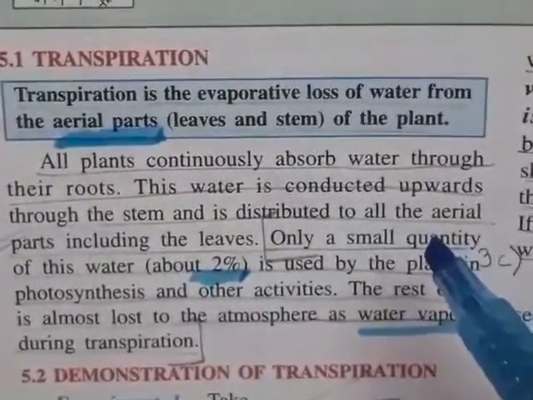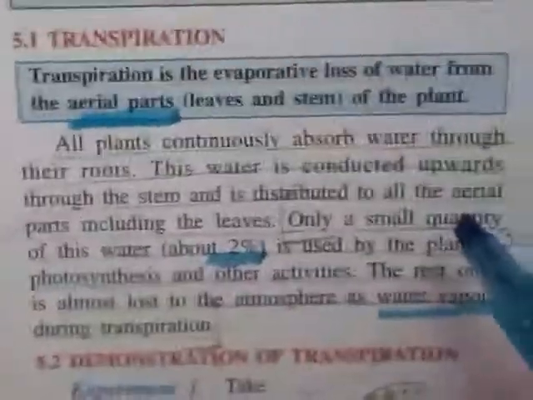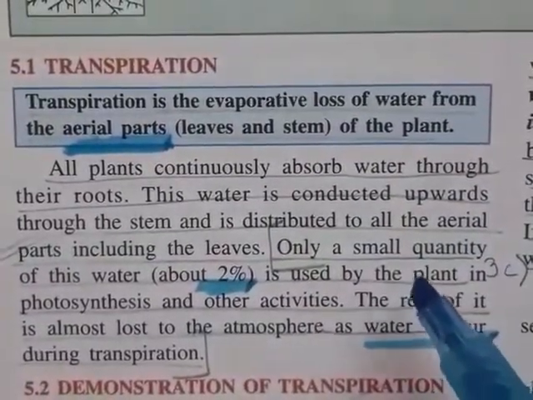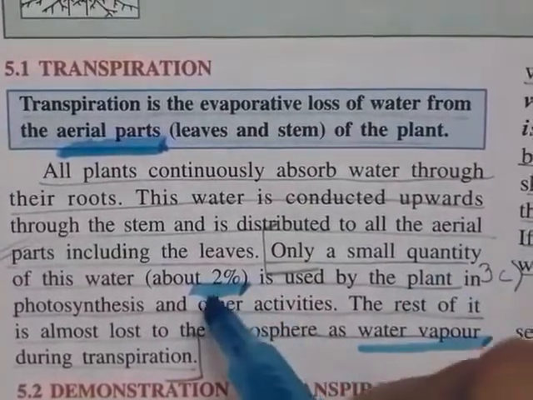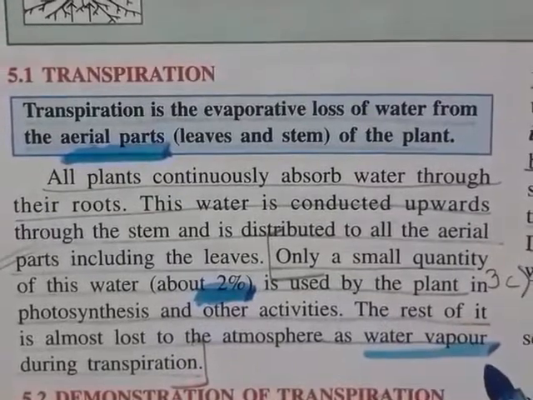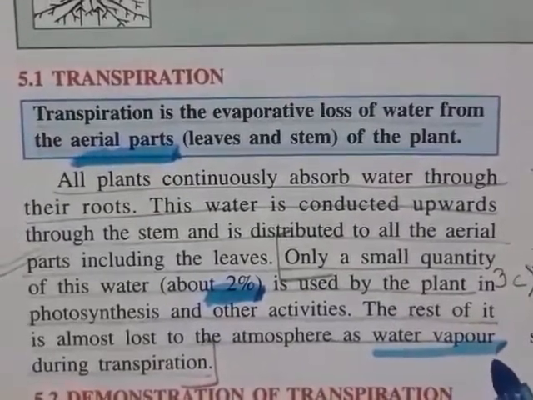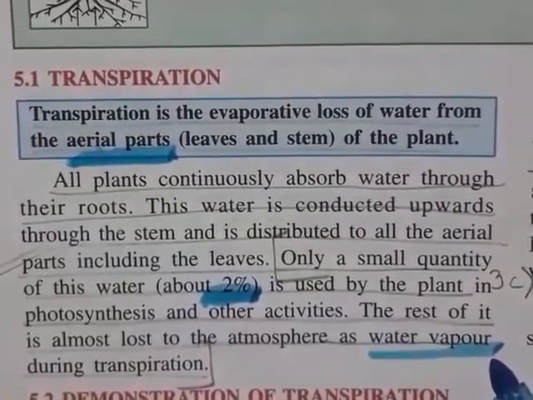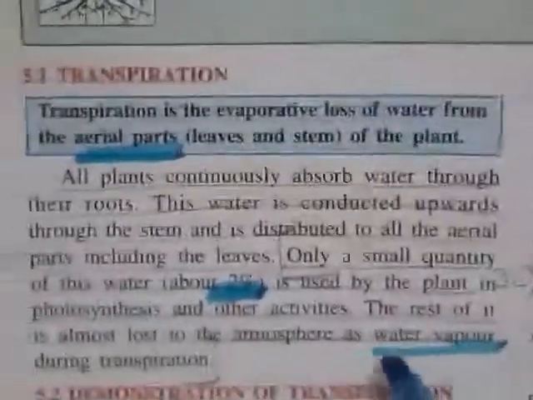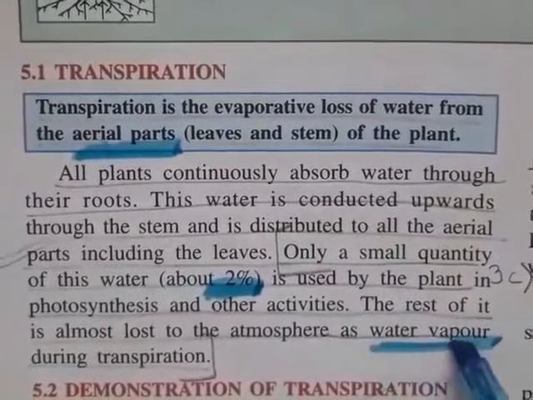The water is conducted upwards to different parts of the plant, but only a small quantity of water, that is about 2%, is used by the plant for photosynthesis and other activities. The rest of it is lost to the atmosphere as water vapor.